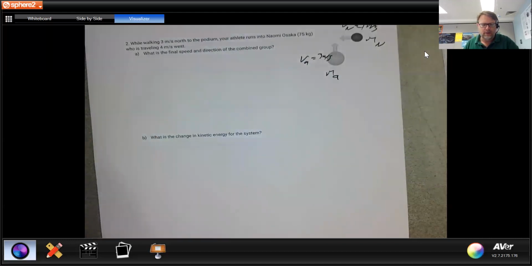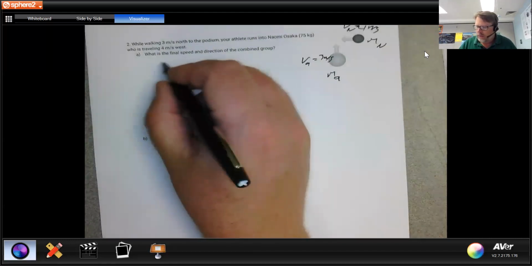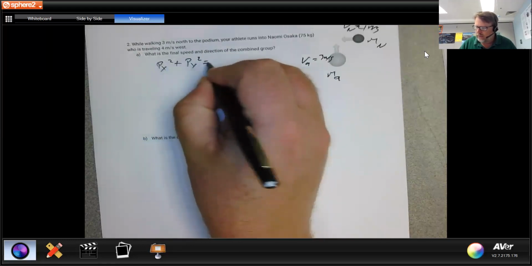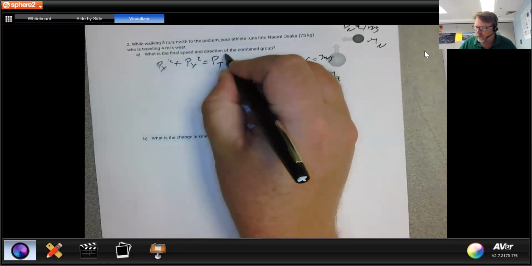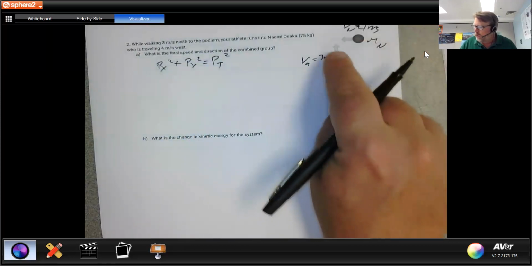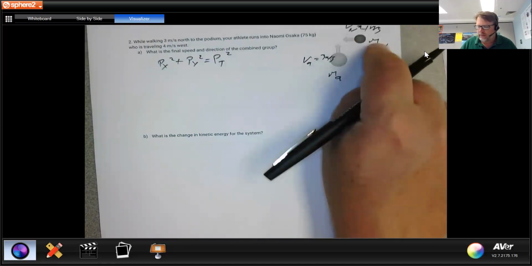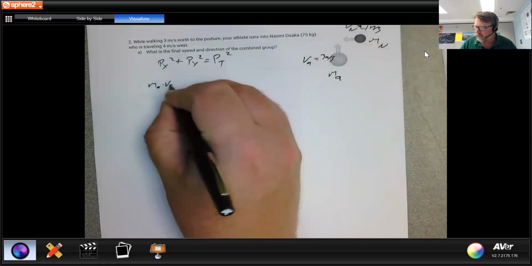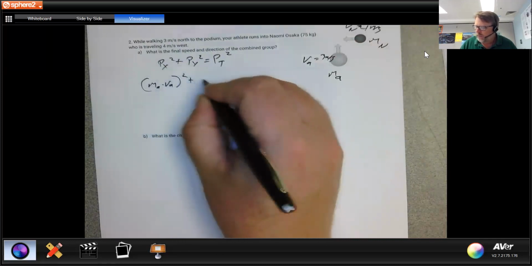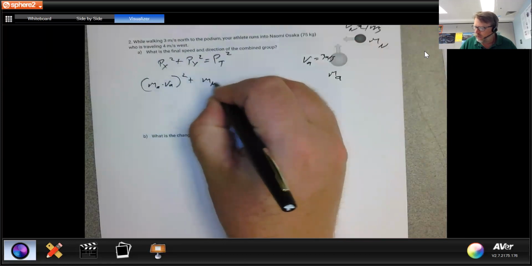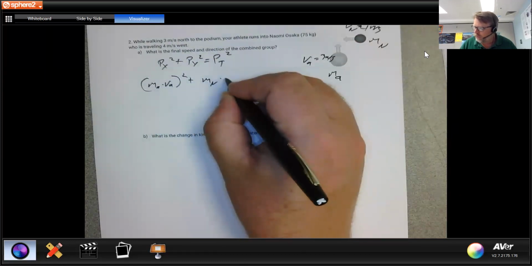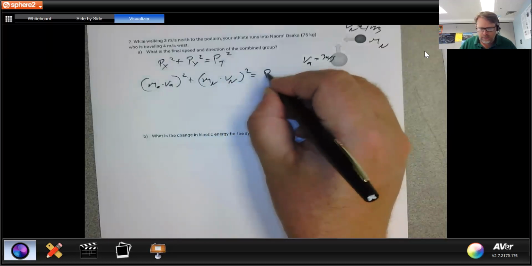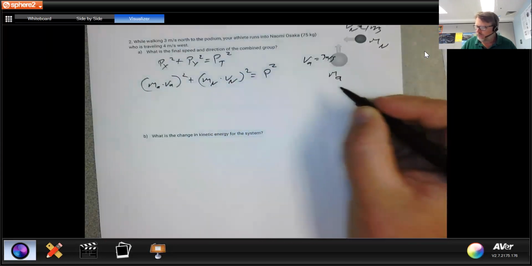This is where we see a triangle math type piece here. We need to do our momentum in the X squared plus momentum in the Y squared equals our momentum total squared. Our only Y is this one and our only X is that one. So we're going to do mass of our athlete times velocity of our athlete, squared, plus mass of Naomi times velocity of Naomi, squared, is going to equal p squared.